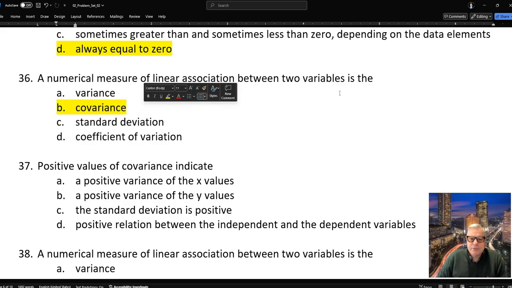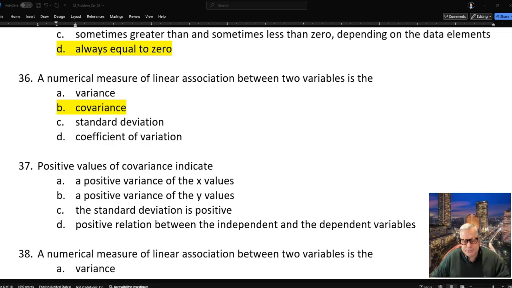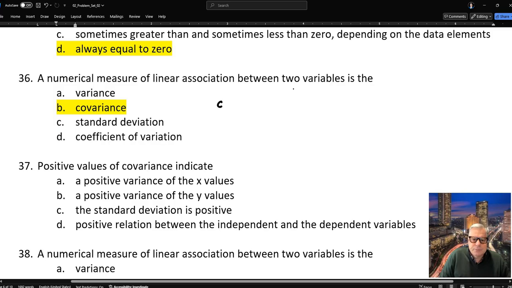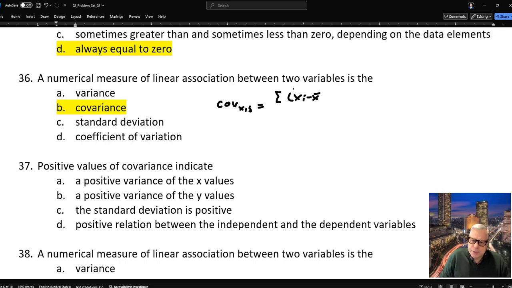And again, the formula for the covariance was the sum of the products of all deviations from their mean.